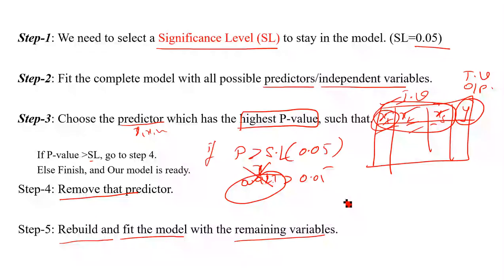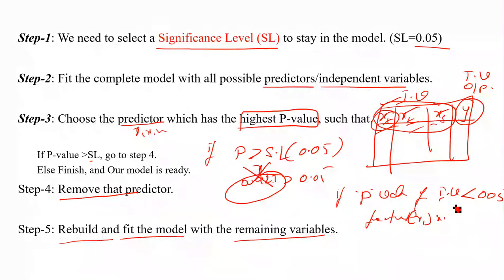For example, if the p-value of an independent variable, either x1 or x2 or x3, whatever it may be, is less than 0.05, we have to consider that feature for building the model. So that is the concept.